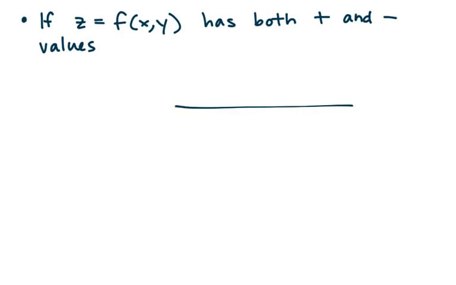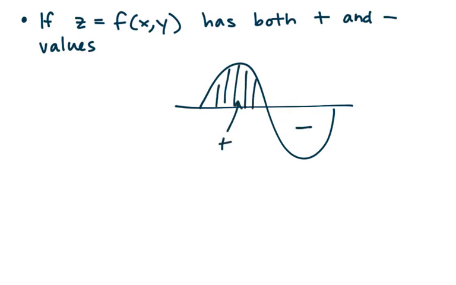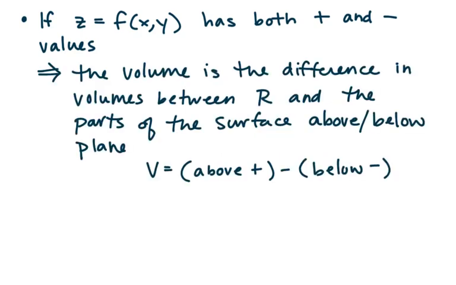When we calculate the area beneath a curve, if we're above the x-axis, that's going to be positive, and below the x-axis, that region would be negative. So that would mean the volume is going to be a difference, considering the parts of the surface above and below the plane. So the volume above, we would have a positive, minus some negative. That's going to give me that total volume.